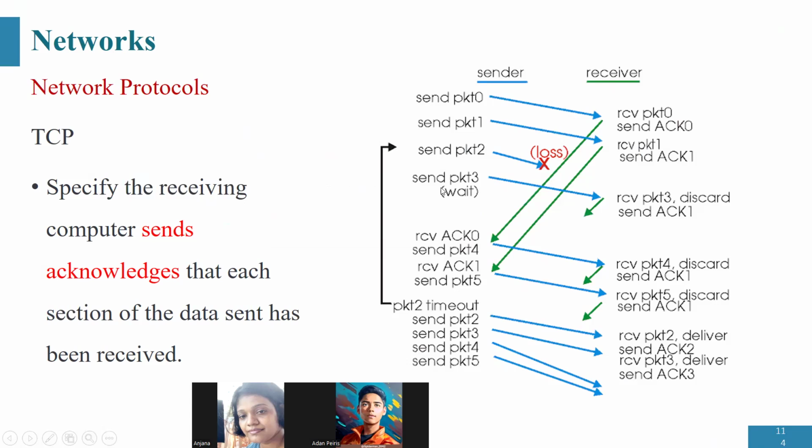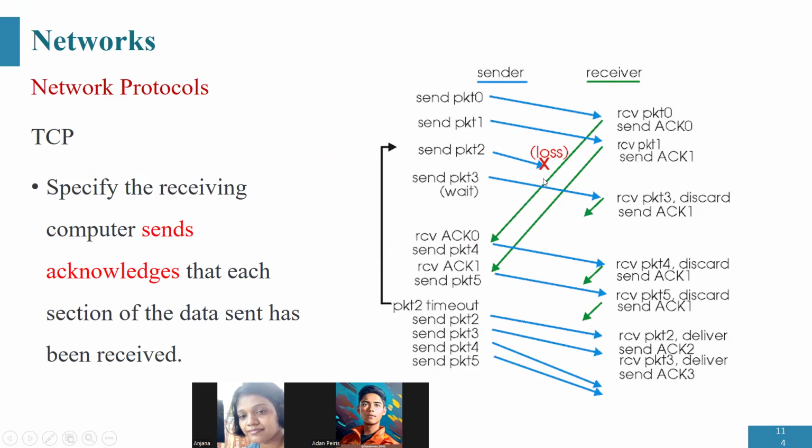It happens in the network also. Then he received packet 3, discarded it, and sent acknowledgement 1 because he didn't receive packet 2. Then again he tries to send acknowledgement 1. Then receive acknowledgement 0. After that only he receives.